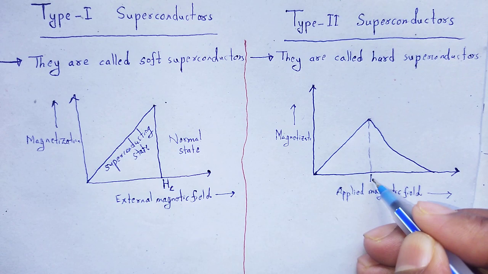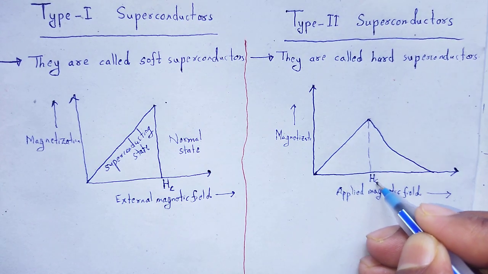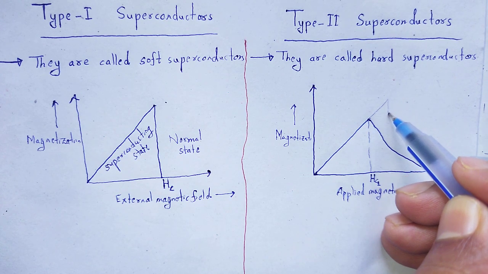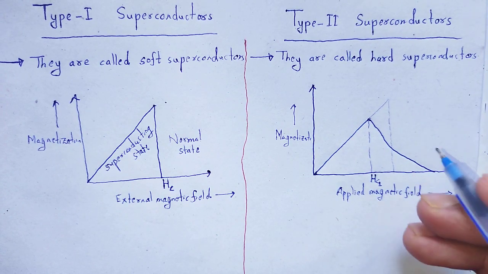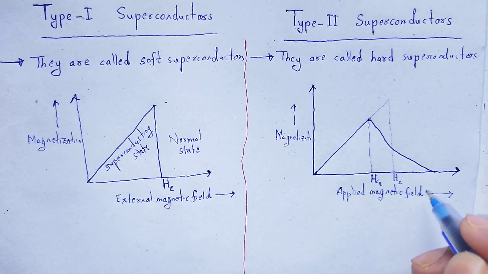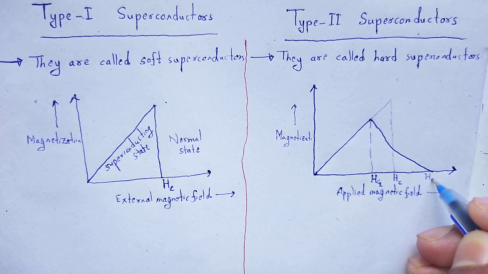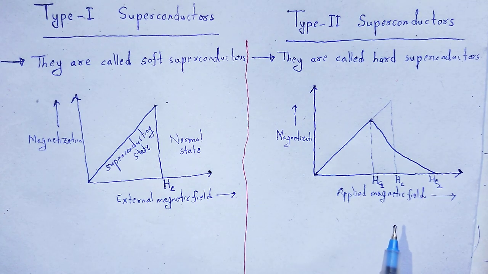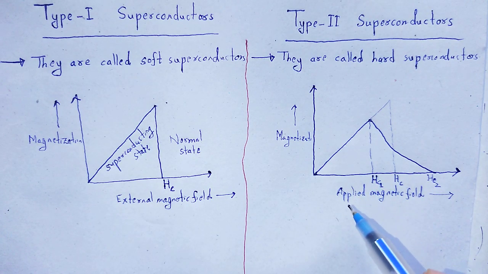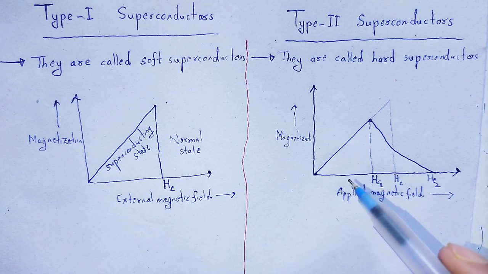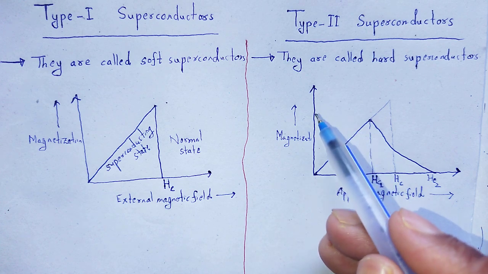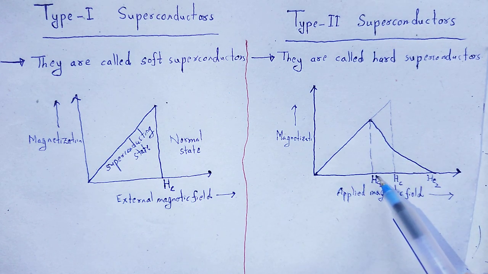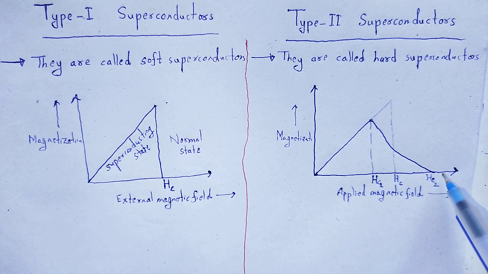Here is Hc1, and that one is Hc2. Type 2 superconductors are characterized by two critical fields, one is Hc1 and another one is Hc2.